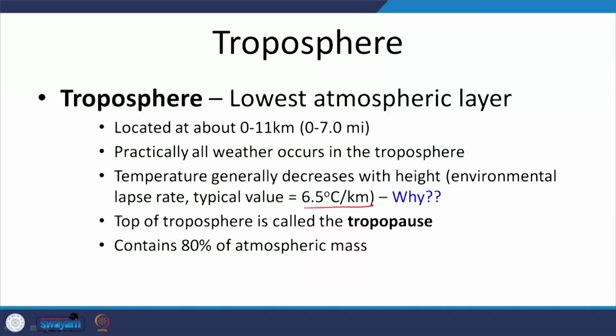Okay. So, now let us go for a few more interesting aspects. Troposphere is the region with a lapse rate which is negative, that means temperature decreases with respect to height.